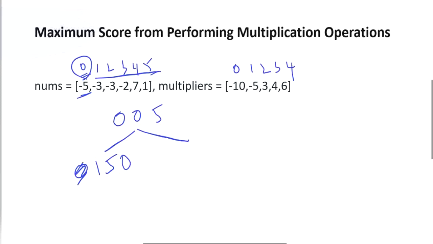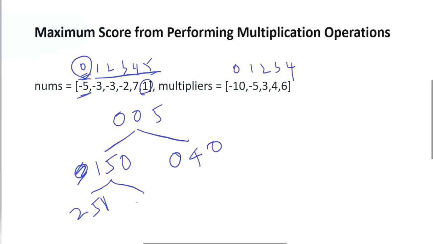In the same way, if we consider the last element 1, the rest of the array is going to be 0 to 4. So 0, 4, and then 0. Further, if it is considering the first element, the index starts from 2 to 5, and then for the first element of the multiplier array.